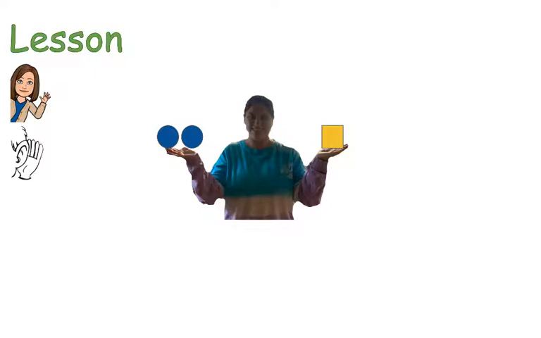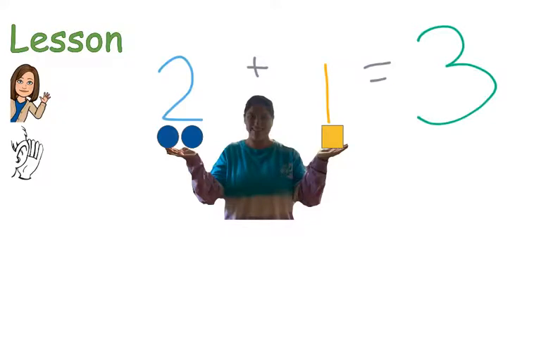Okay? So you see here I have 2 circles in this hand and 1 square in this hand. When we put this together, how many is all together? 2 plus 1 equals 3. Right.